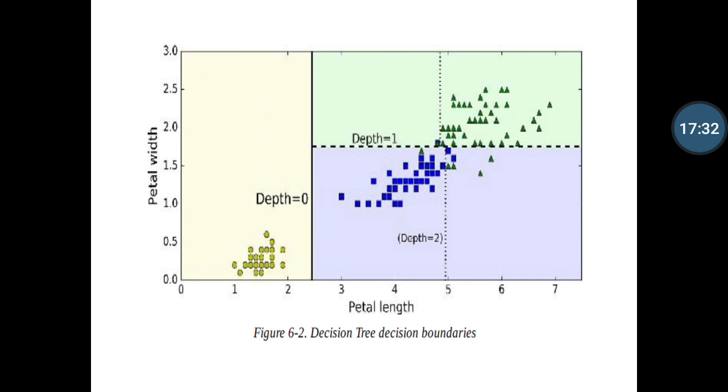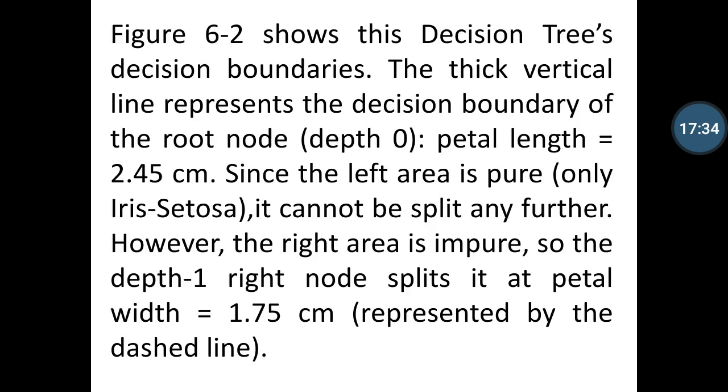In the figure you can see the decision tree boundaries: the thick vertical line represents the decision boundary of the root node, depth 0, petal length equal to 2.45 centimeters. Since the left area is pure, only iris setosa, it cannot be split any further. However, the right area is impure, so the depth 1 right node splits it at petal width equal to 1.75 centimeters, represented by the dashed line.